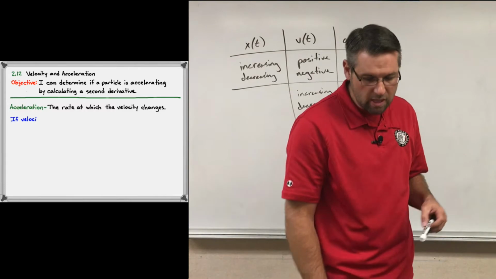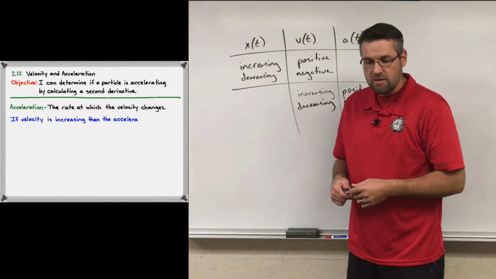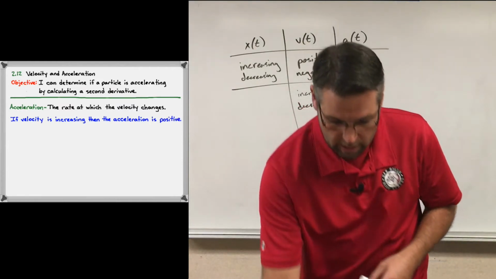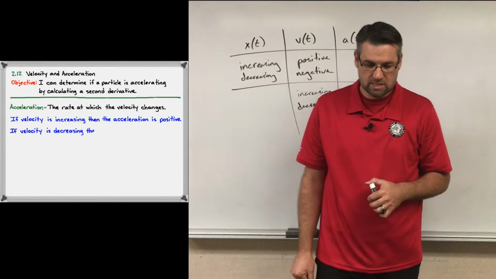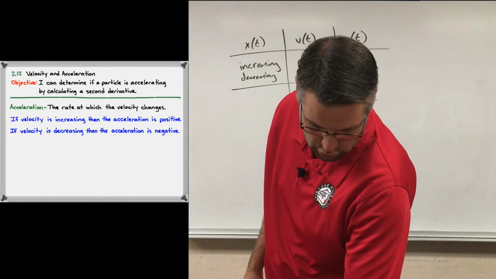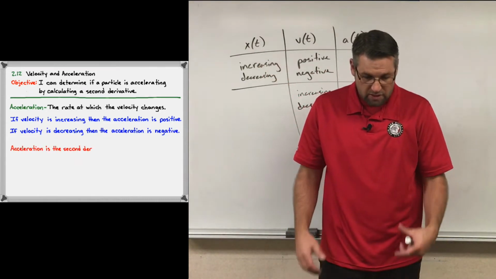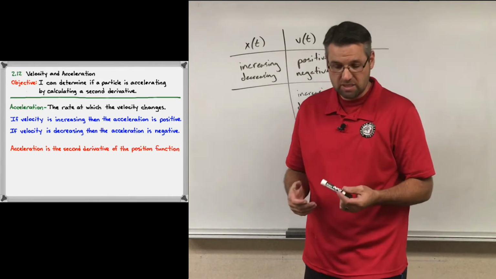So, I think I just reiterate that here. If velocity is increasing, then acceleration is a positive value, okay? And vice versa, if velocity is decreasing, then acceleration is negative. All right, so this is important to see. Acceleration is the second derivative of the position function.